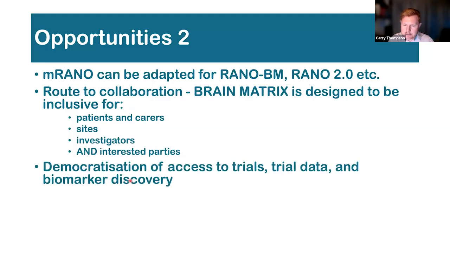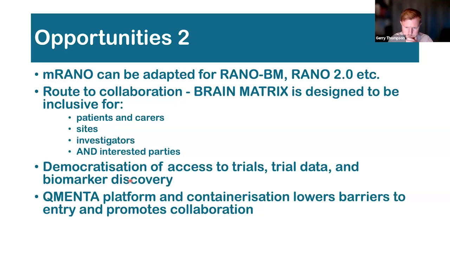So this really is about democratization of access to this and making it really easy to get your trials set up, get your trial data for regulatory purposes, but also then allow for back-end biomarker discovery. And with QMENTA, the platform, the ability to containerize your approach and put it into the marketplace is really lowering barriers to entry and promoting that collaborative approach.